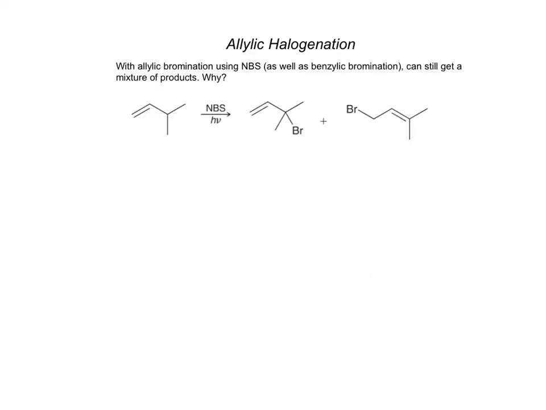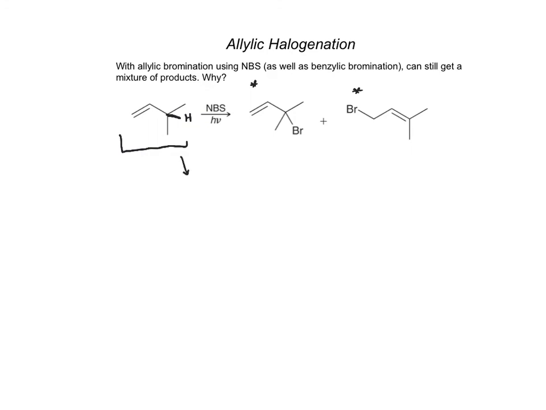I should note that even though we're using NBS, we can still sometimes get a mixture of products, right? So for example, let's say that we had this alkene. We react it with NBS so that we don't get the formation of that addition dihalide product, but we still get a mixture of products in this reaction. So the question is, why do we get a mixture of products here? The answer is that the radical intermediate that forms is going to come about from the abstraction of this hydrogen.